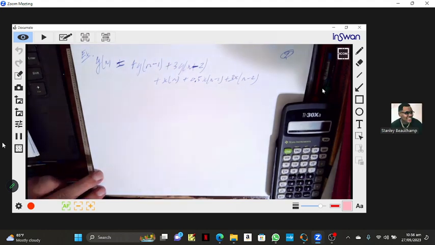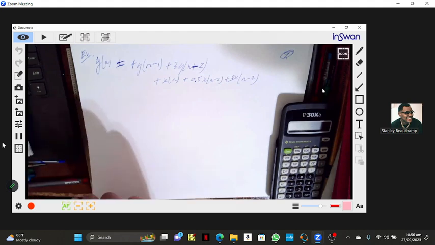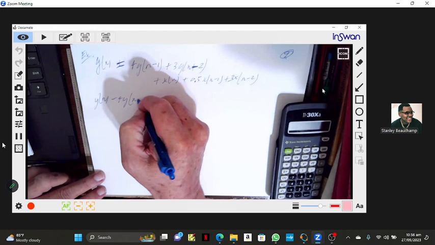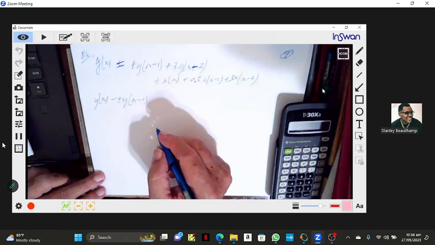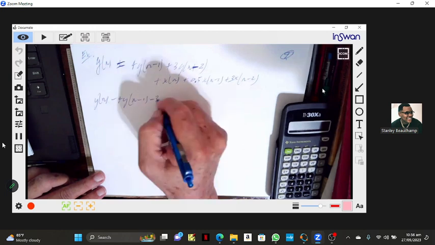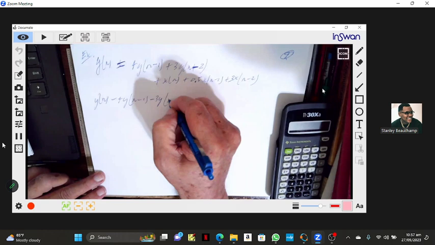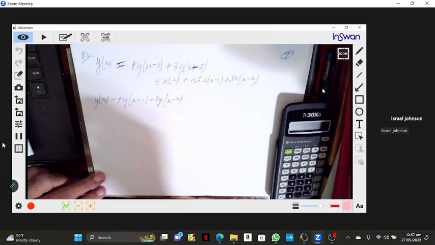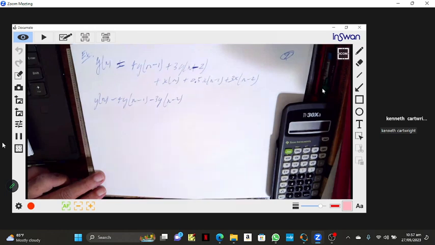Y of n minus 4 y of n minus 1 minus 3 y of n minus 2 equals x of n plus 0.5 x of n minus 1 plus 3 x of n minus 2.